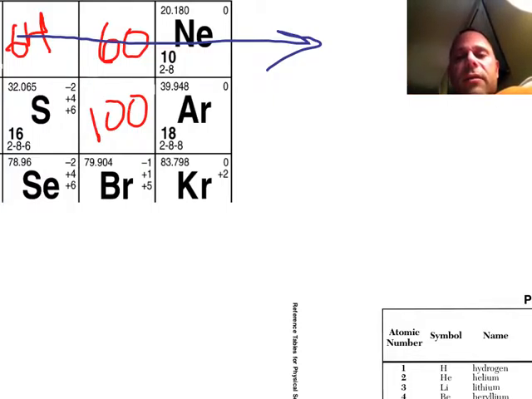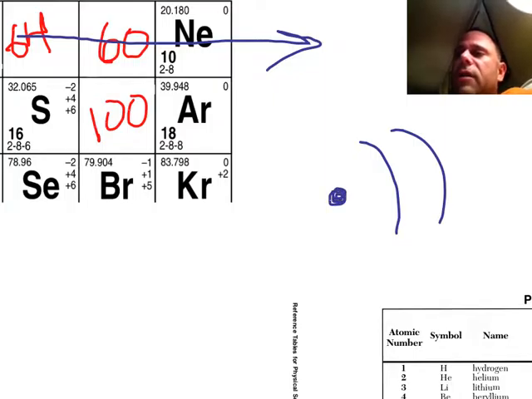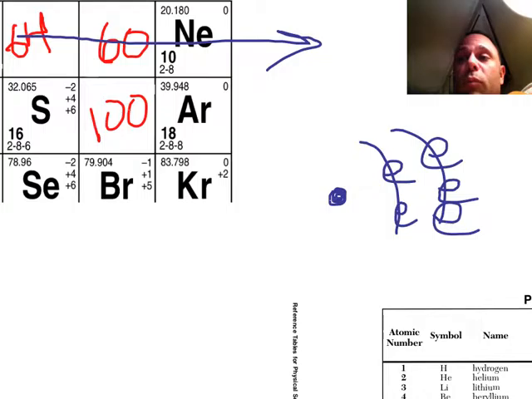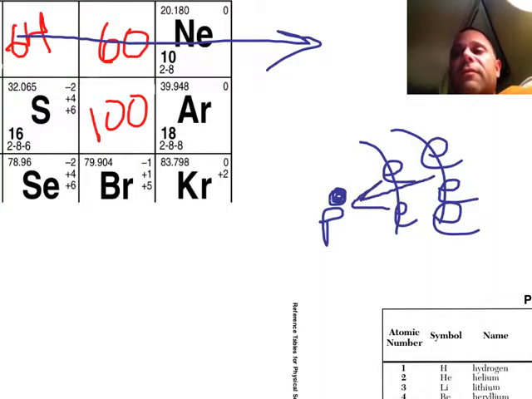Now the reason for that is simple. Even though you're gaining more electrons, you would think that it goes further apart. So think of it as here is a nucleus, and we're adding more electrons as we move to the right. But you're also adding more protons, and because of that, even though you're adding more electrons to the same shell, the positive charge has a greater pull on these negative electrons.